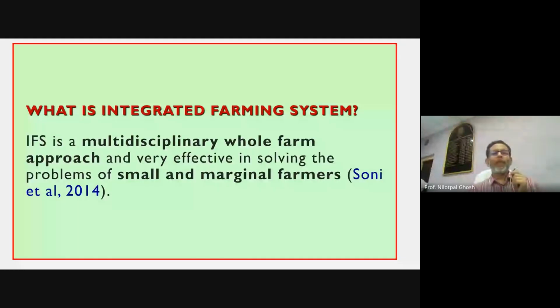And this is a multidisciplinary whole-farm approach. So many disciplines are there. So if we are really interested in extending the integrated farming system at the farmers' level, the farmers are to be trained in that way.